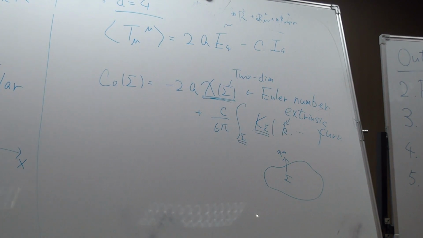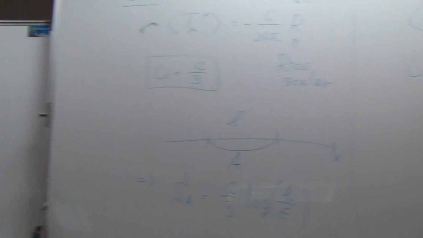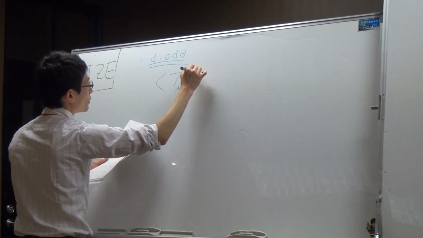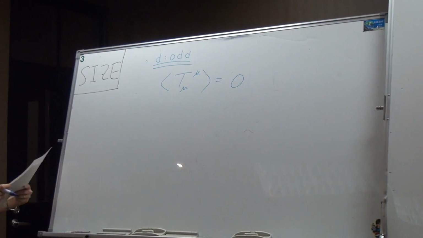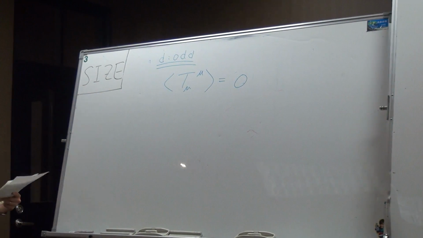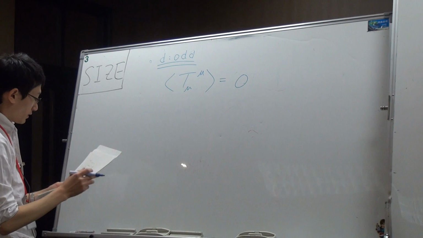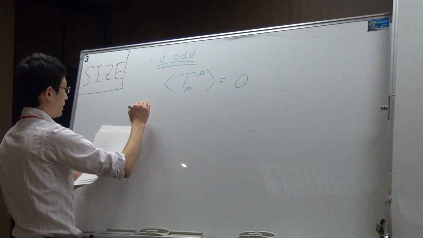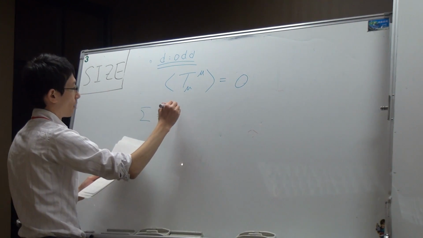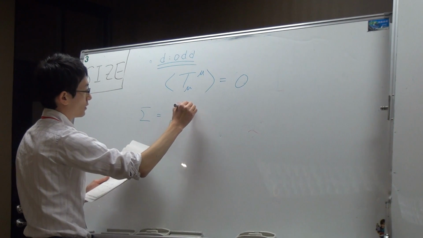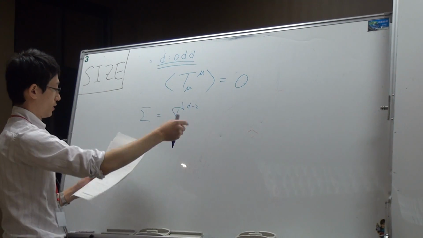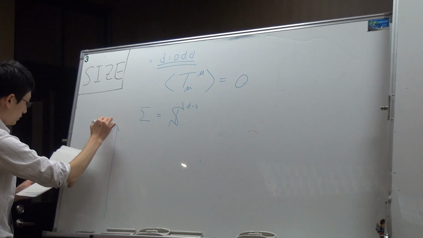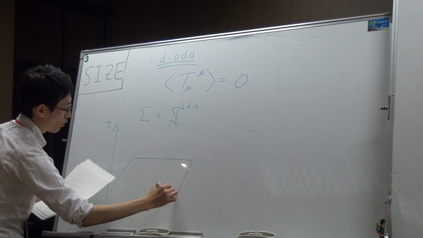Next, let's see what happens in odd dimension. In odd dimension there is no conformal anomaly, so we don't have any log divergence. But once we focus on a special shape for the entangling surface, let's consider a spherical entangling surface. Now sigma is just a D minus 2 dimensional sphere.